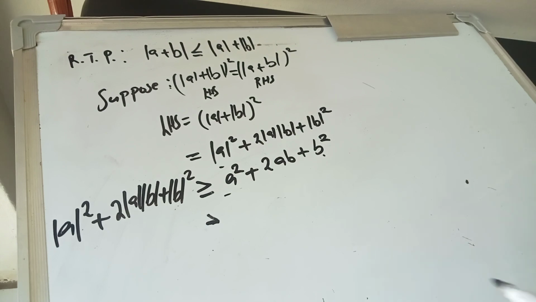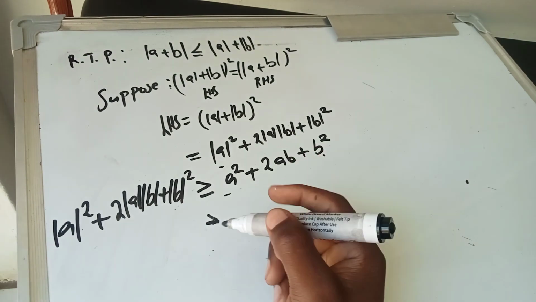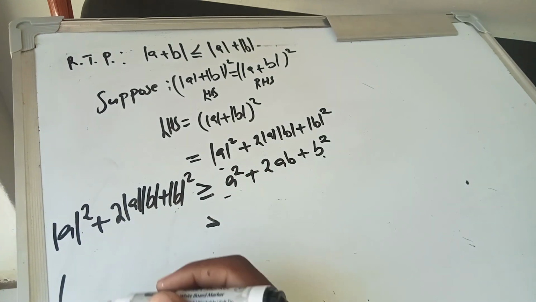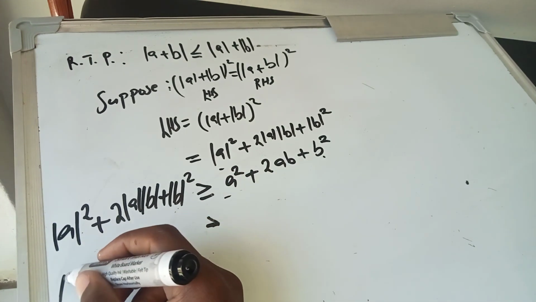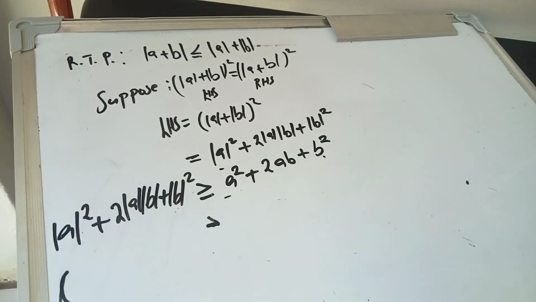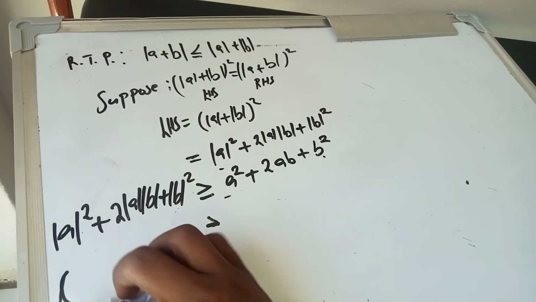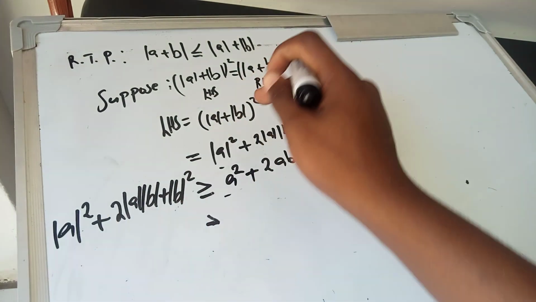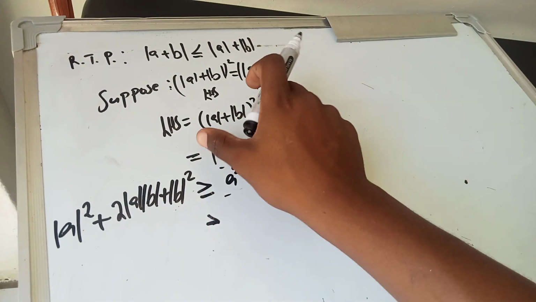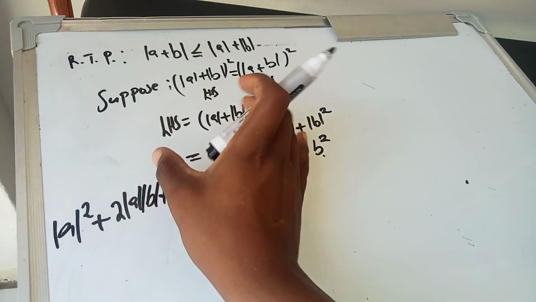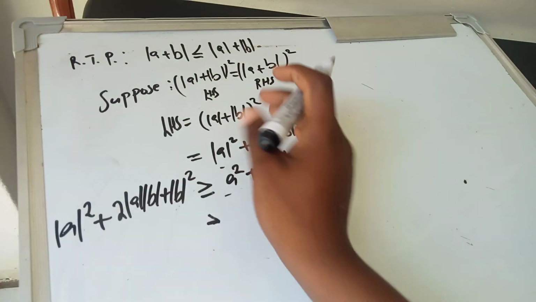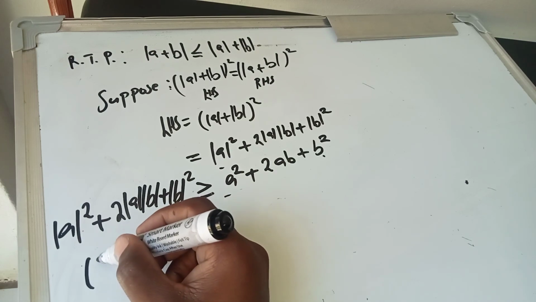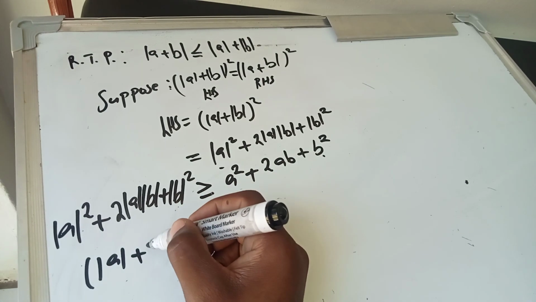Okay, then now this is greater. Remember that this is equal to this. So in the place of this, I can simply substitute this.